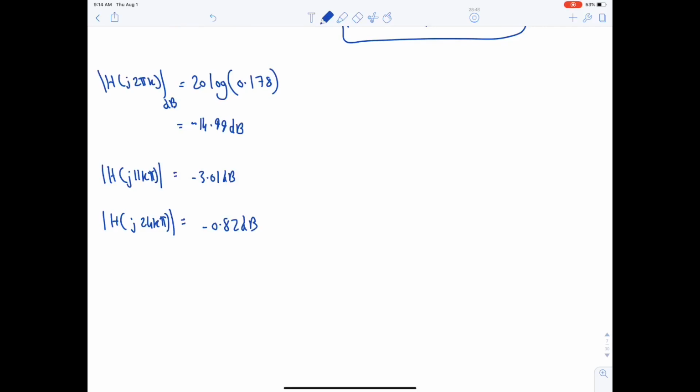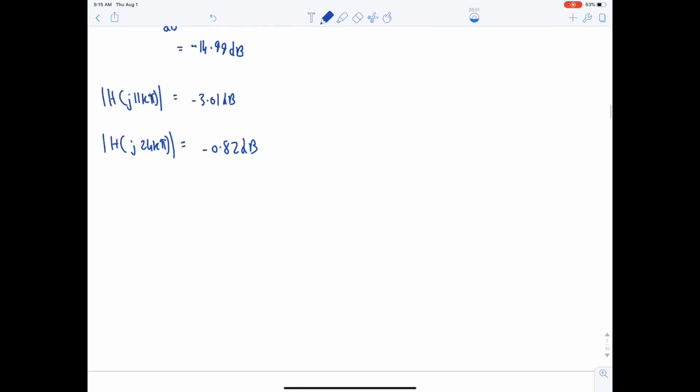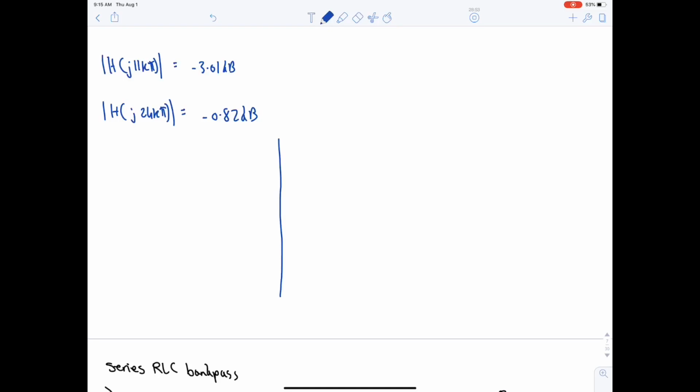Okay, so now we have to plot the magnitude in terms of dB versus f in kilohertz. That's what the question instructed us to do.